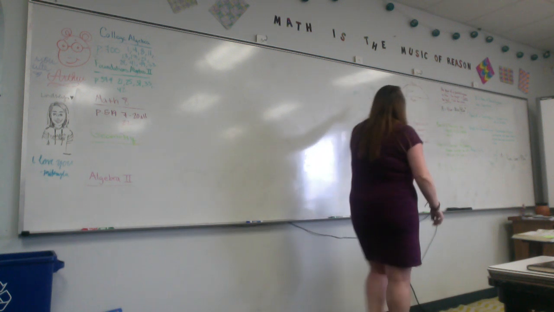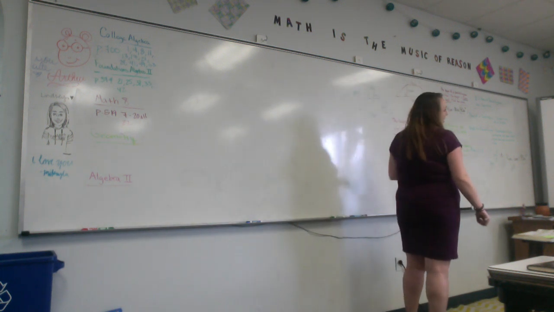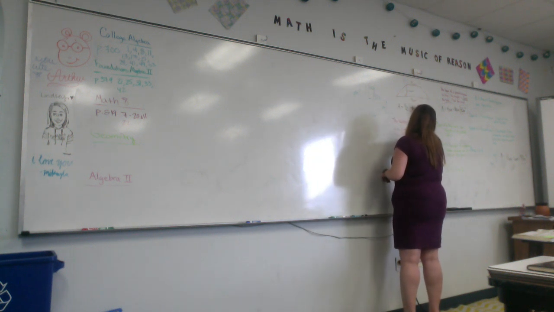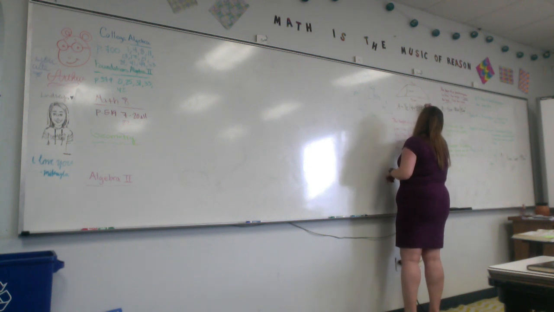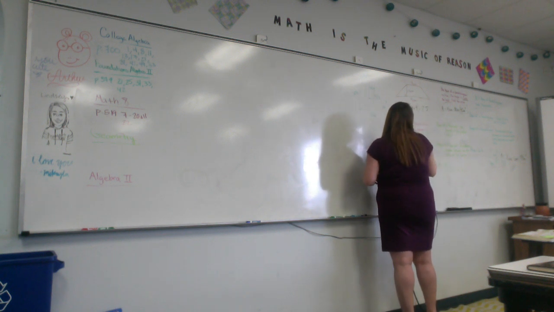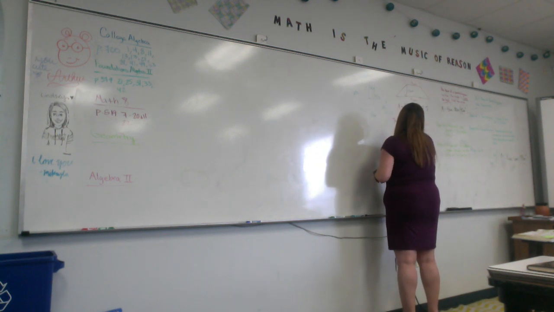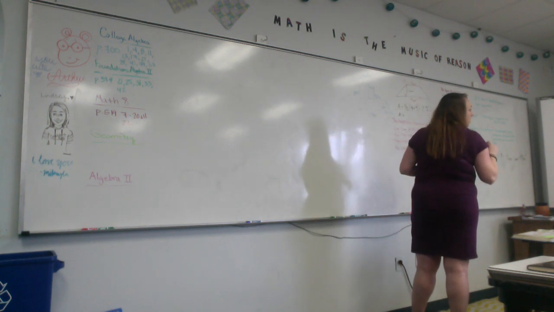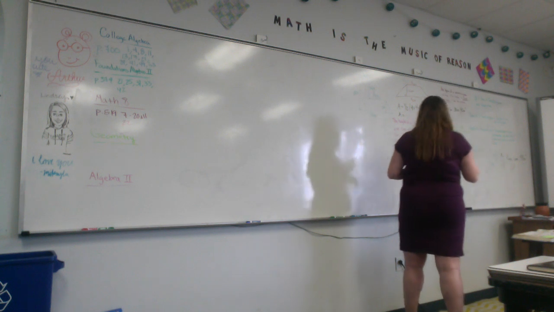Here's a trapezoid. How do I set up my area? 1/2 times (4 plus 9) times 2.5. What is 4 plus 9? 13. So my area equals 13 divided by 2, which is 6.5.